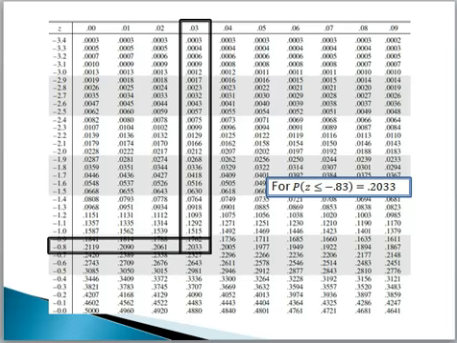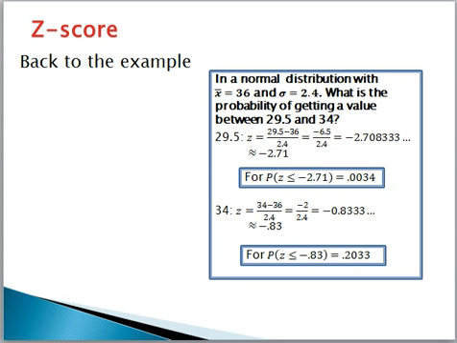Again, small probabilities. So back to the example that we had. The probability of a z-score smaller than or equal to negative 2.71 is 0.0034, and the probability of a z-score smaller than or equal to negative 0.83 is 0.2033. So we need those values.